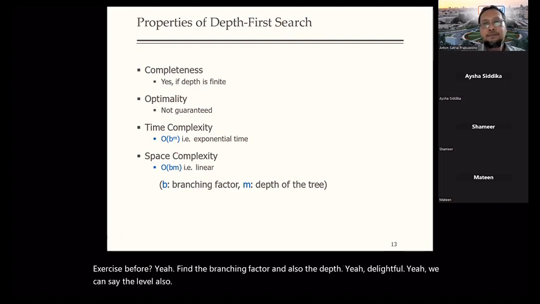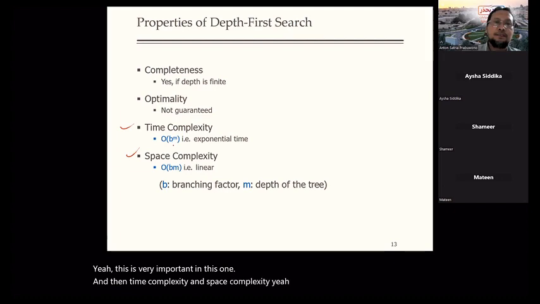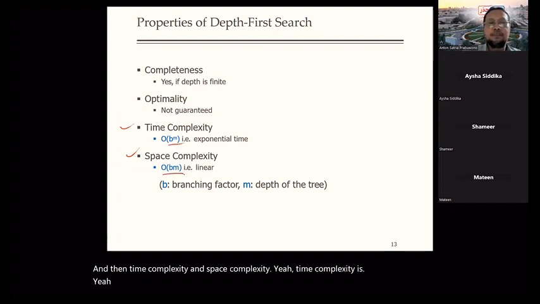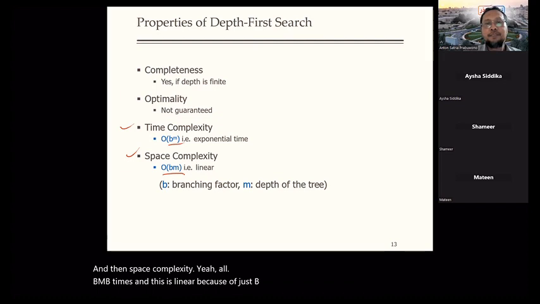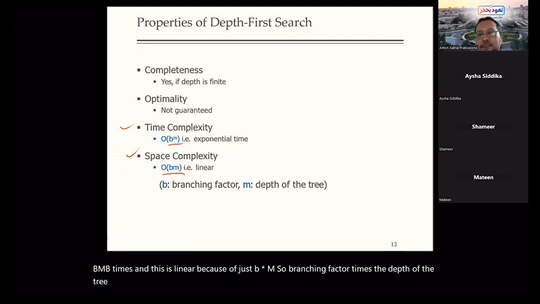So this is very important. And then space complexity is b times m. This is linear because it is just b times m, branching factor times the depth of the tree, for space complexity.